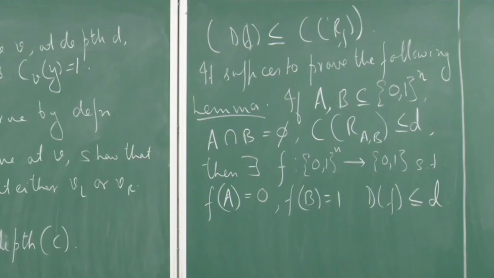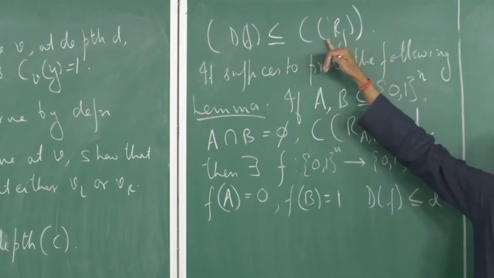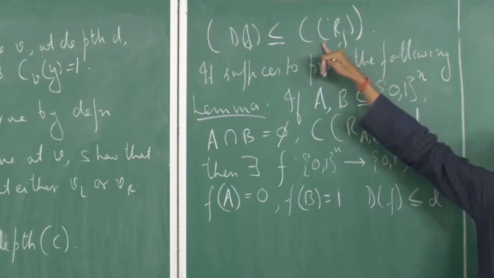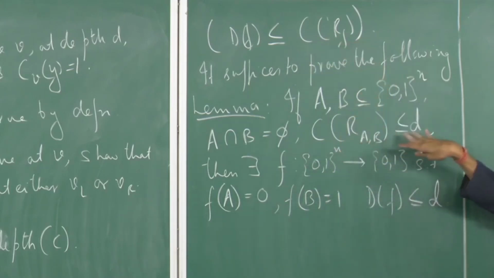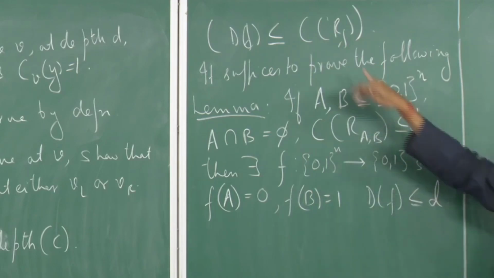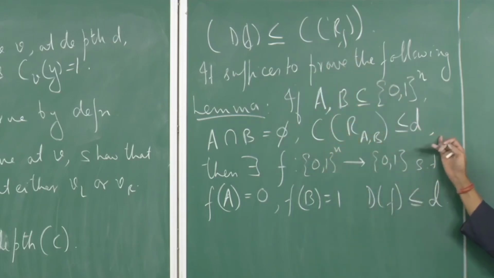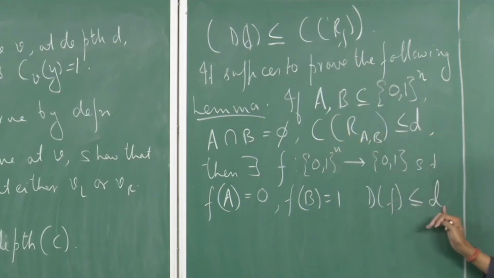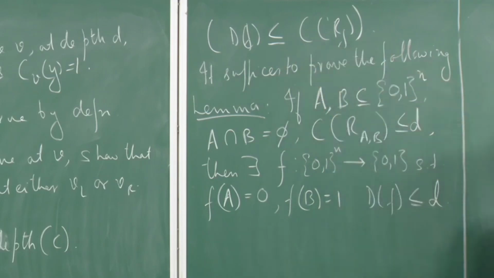So let's just spend a moment to understand how this lemma gives us this inequality. First of all, if C of R_f is less than D implies D of f is less than D, then we get this identity, right? If C of R_f is smaller than a quantity D gives us that D of f is smaller than D, then it must be the case that D of f is less than C R of f.